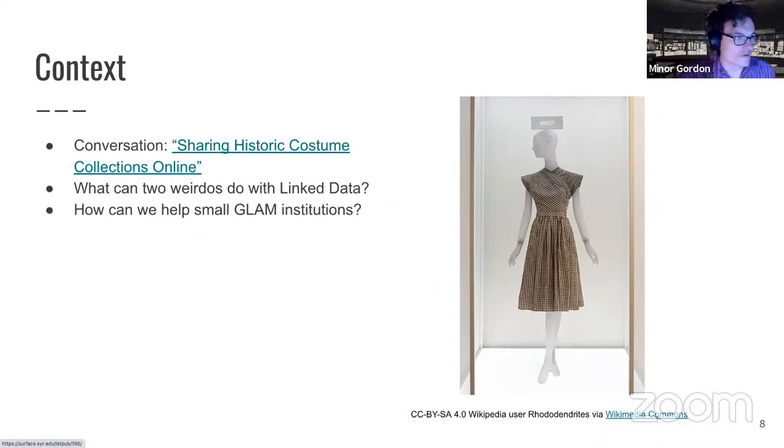I am married to a fashion historian, so I wanted to find out more about this. I saw this article in my wife's professional journal and contacted Arden, and thus started this collaboration around libraries and museums. In particular, we're really interested in the potential for linked data to help small GLAM institutions. I think some of this tends to get overlooked.